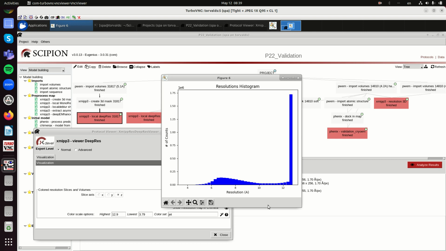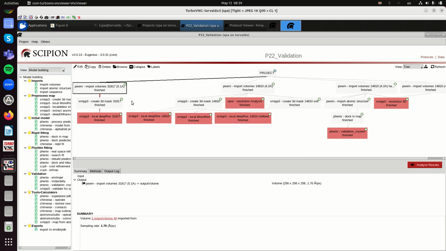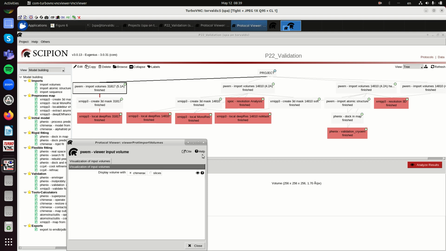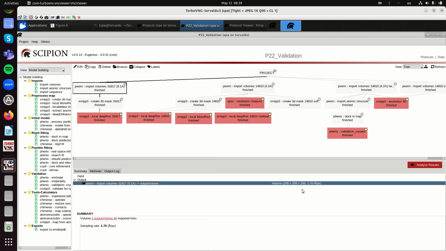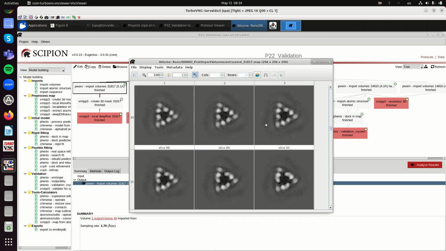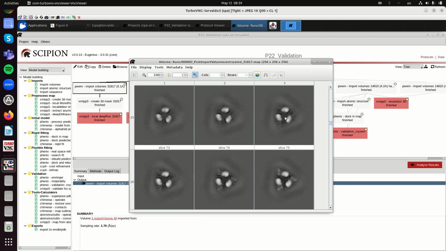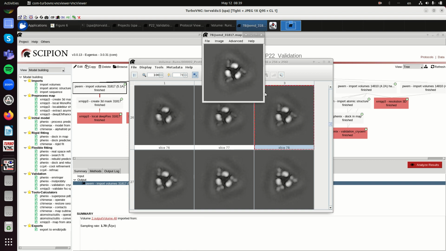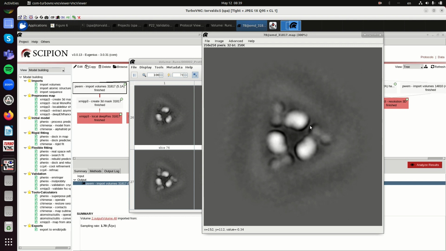But in this example, this very high resolution has been caused by high frequency oscillations. We see here high frequency oscillations that might be consistent between the two halves, and those are the ones that have been detected by the FSC.